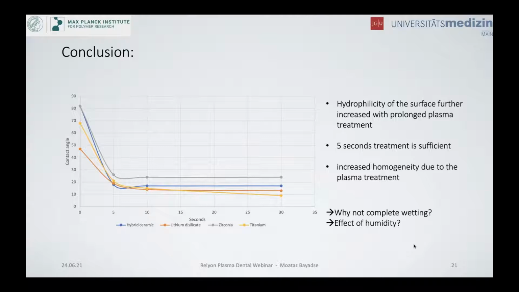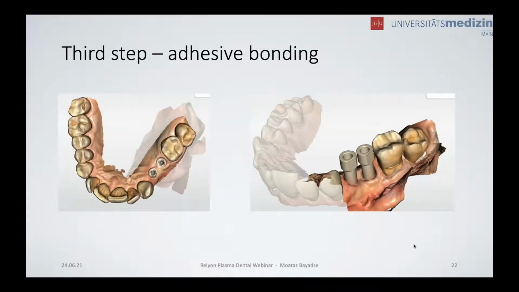We're working on it. And now we can get to our third step, which is adhesive bonding. We are working on this too. My colleague Caroline Gergen is doing the experiment, I think, right now.